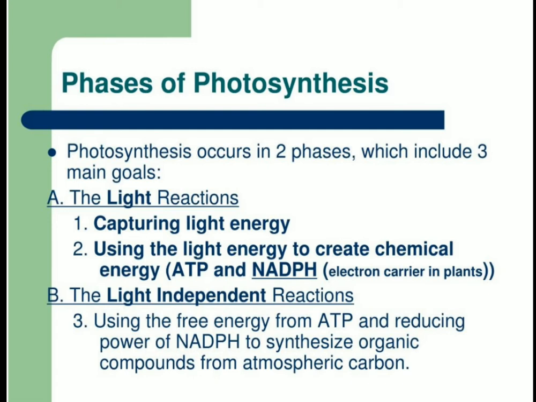The term dark reaction is more precisely called the light independent reaction, since this is the reaction that does not require light, during which the energy currency obtained during the light reaction is used for the synthesis of organic compounds from the atmospheric carbon.